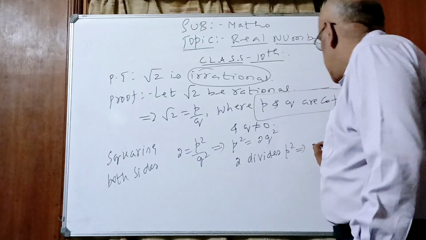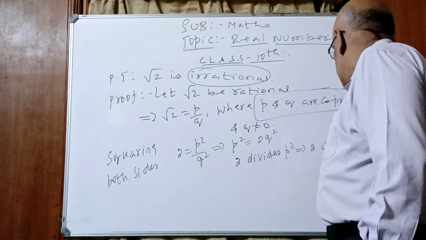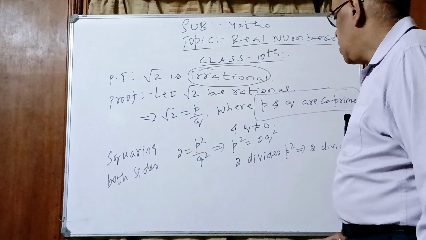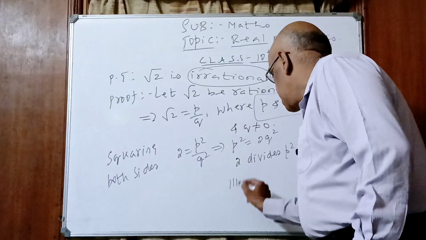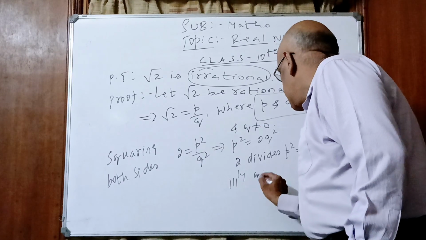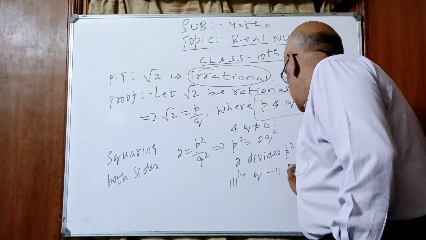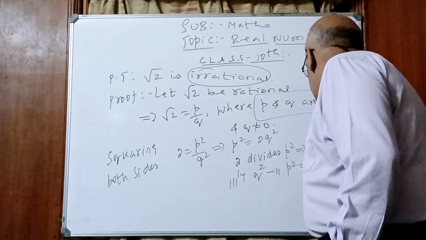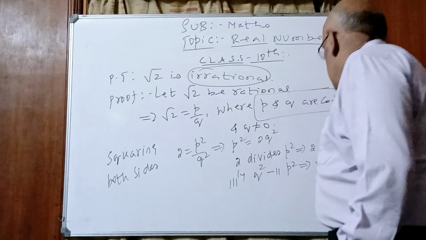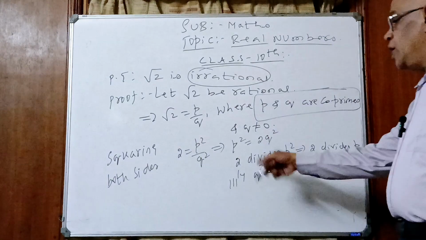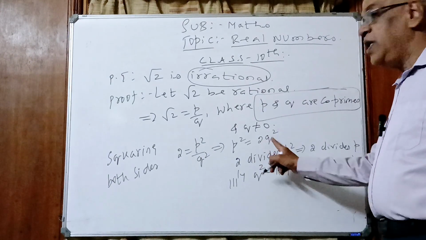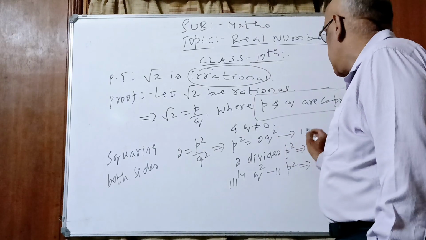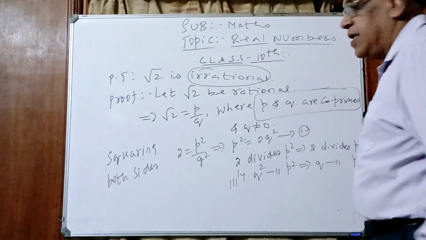What does it imply? 2 divides P. Similarly, Q square divides P square implies that Q divides P. What does it imply? Now 2 has 2 factors. What are they? 2 and 2. Yes or no, children? Yes. Now we'll call it equation number 1. Yes or no? Yeah.